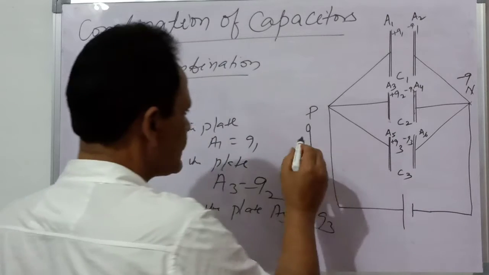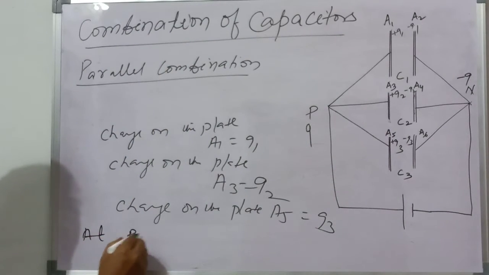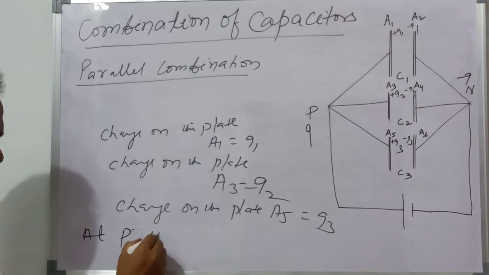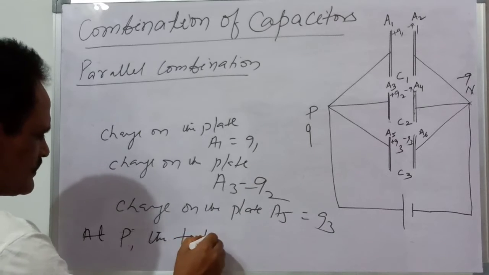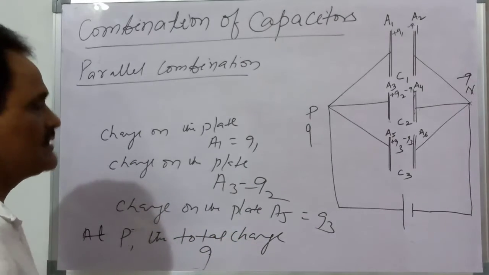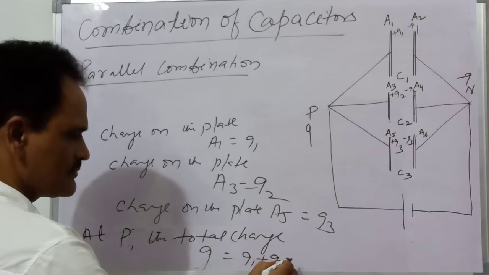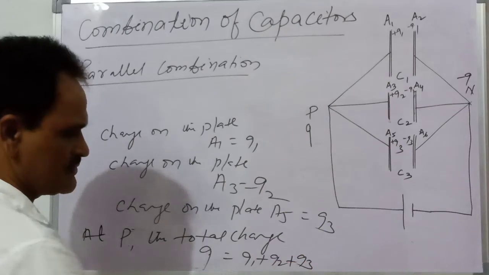So the total charge Q at P is divided into 3 parts, Q1 plus Q2 plus Q3.